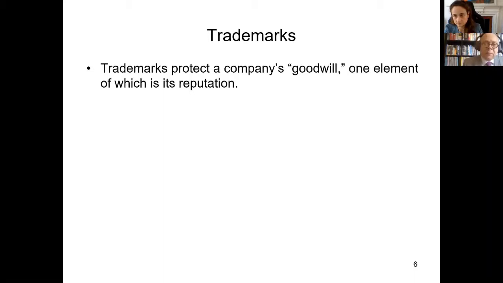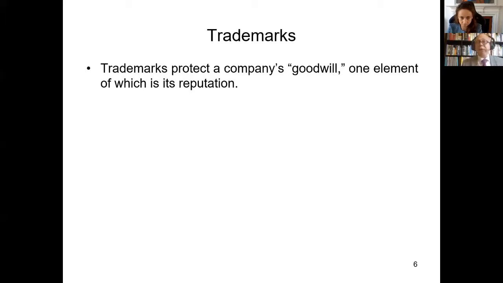It is probably more accurate to say that reputation is one constituent element of goodwill. Goodwill being the ability of a company, of a firm, of a brand to attract repeat business. And that might be attributable to many factors, but certainly the firm's reputation would be, in most instances, a very important constituent element of its goodwill.